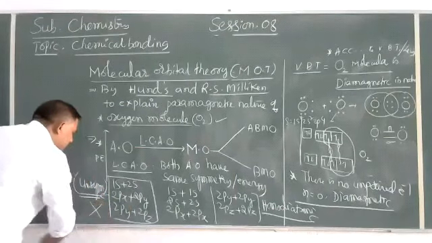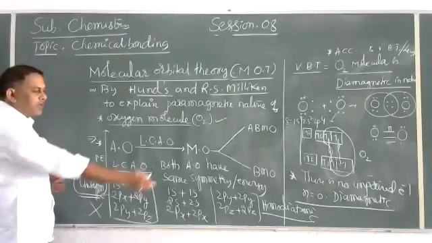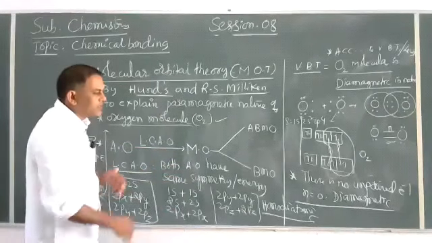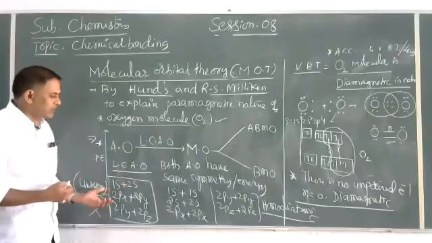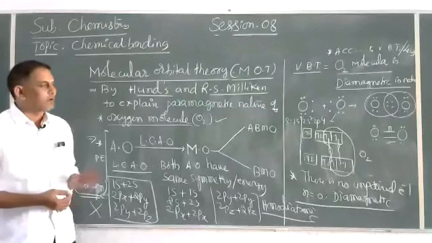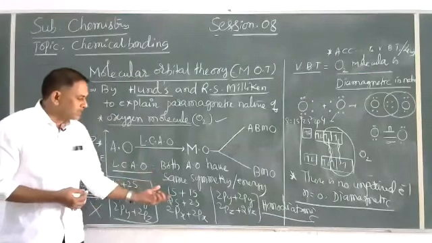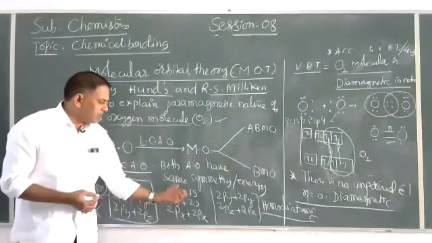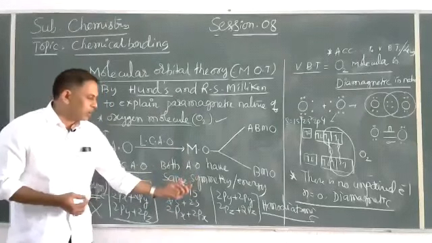By this rule, atomic orbitals are not linearly combined for homodiatomic molecules. Maybe for heterodiatomic molecules this rule applies and they combine linearly. According to this concept, one atomic orbital linearly combines with one other atomic orbital.